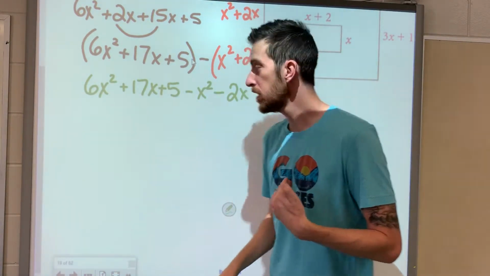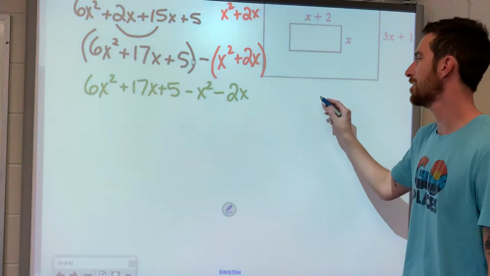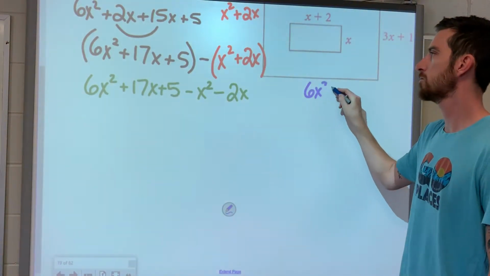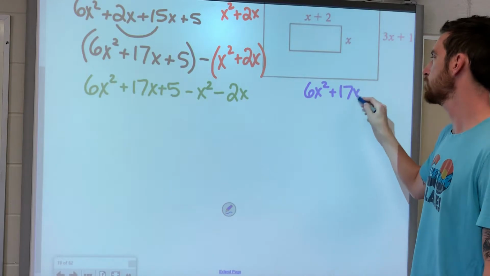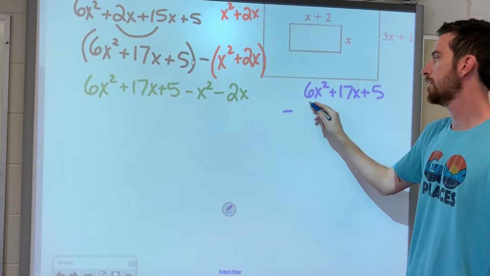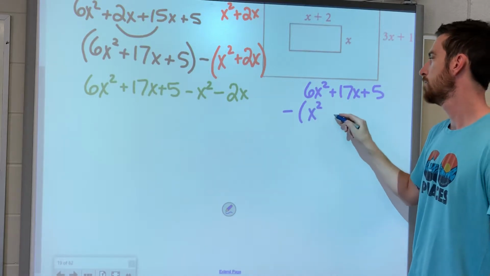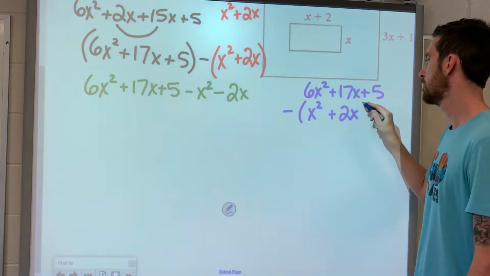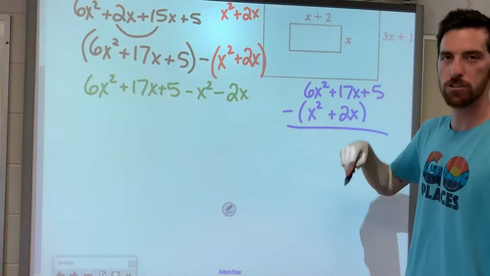Or, if you would like, you can also stack them. 6x squared plus 17x plus 5, and then we've got to subtract x squared plus 2x. So I'll show you both ways.